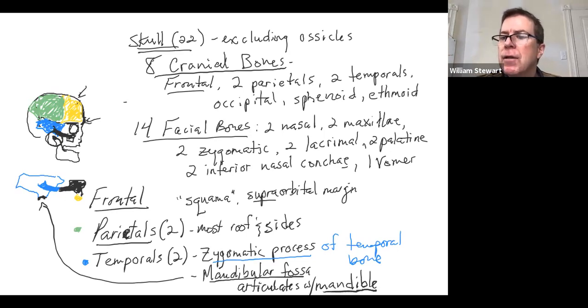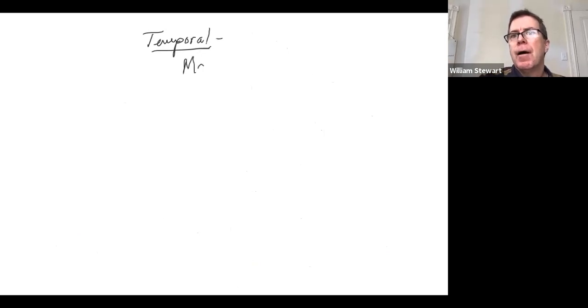I need to clear up some space here. I'm still talking about the temporal bone. So this is just the temporal bone continued. There's a mastoid process. I'm trying to write down the key markings on each bone that I want you to pay attention to when you're reading or rewatching this lecture.